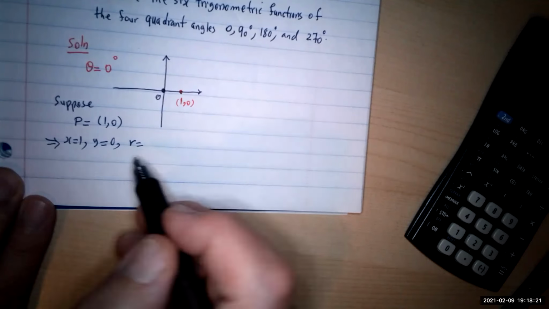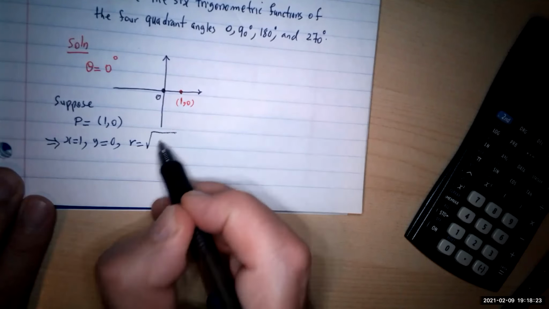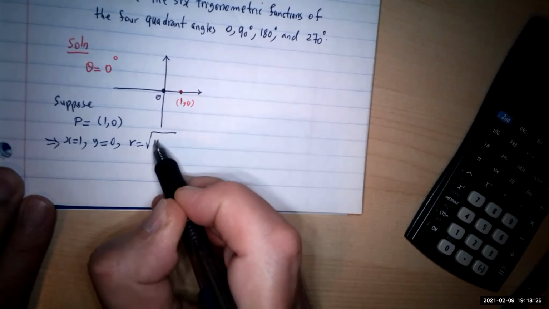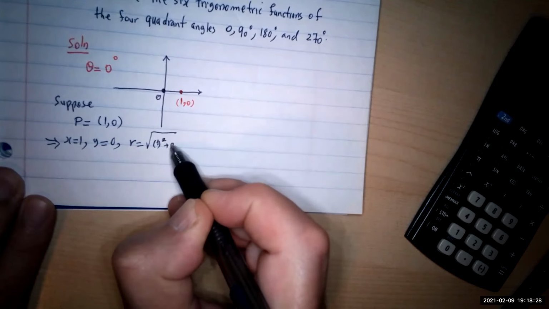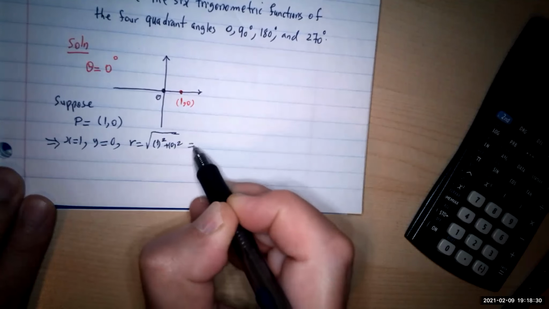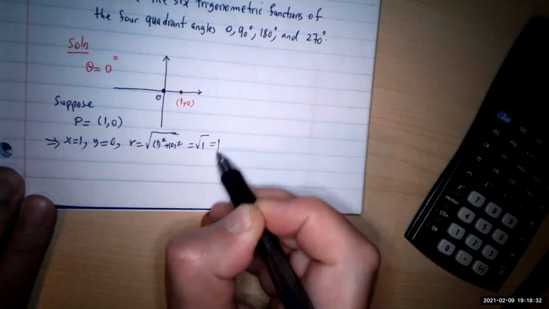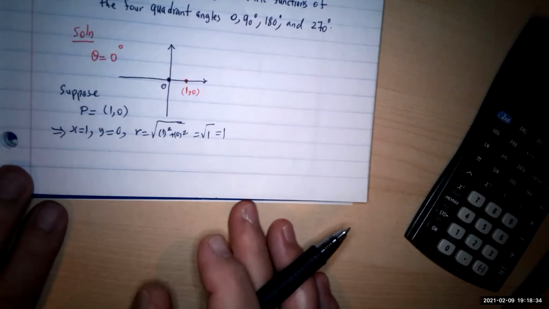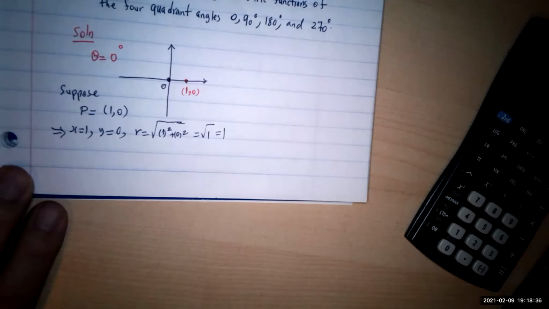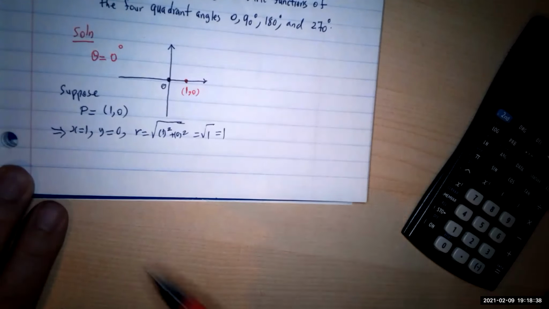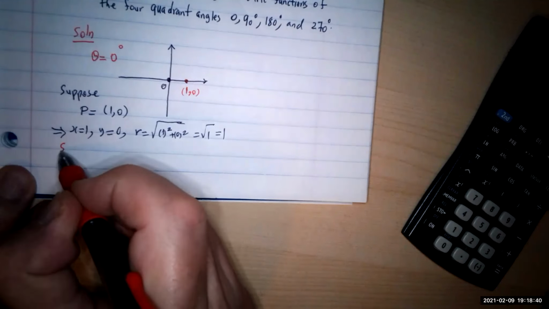In this case r is the square root of 1 squared plus 0 squared, which is radical 1, which is 1. If you take 4, you get 4; 5, you get 5. Now we are ready to give you that information.